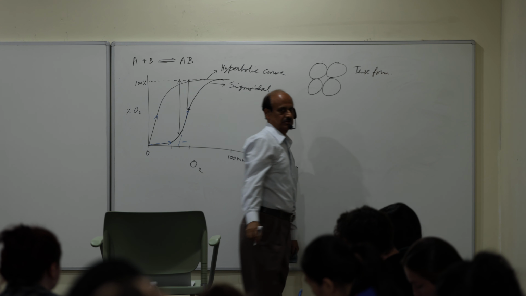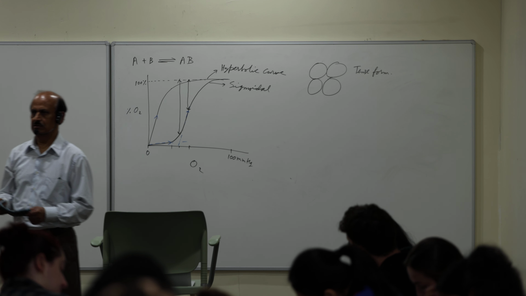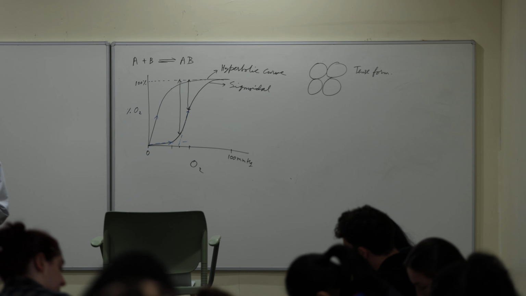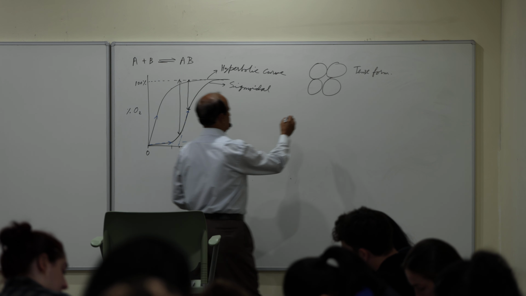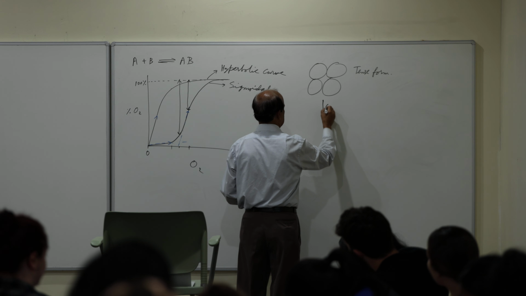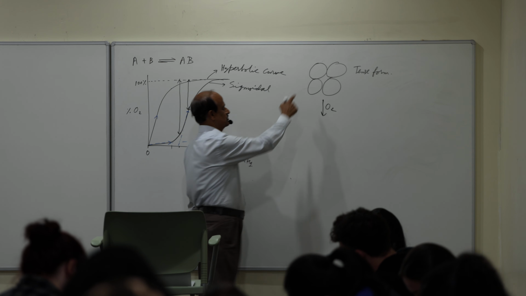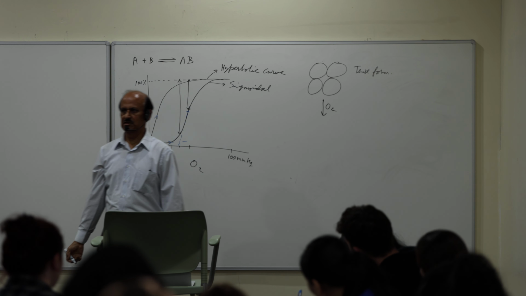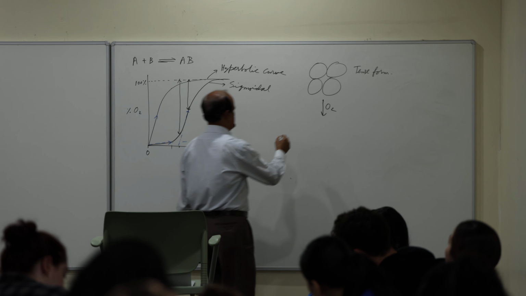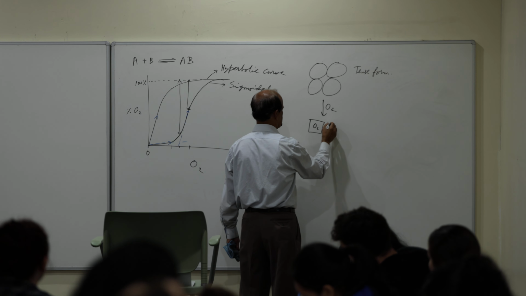So hemoglobin structure exists in two forms. One is called the tense, the other is the relaxed. In the tense form, the binding is very poor, slow binding or low binding. And when it goes to the relaxed form by binding oxygen, so if one of these subunits binds to oxygen, that must be in the relaxed form.